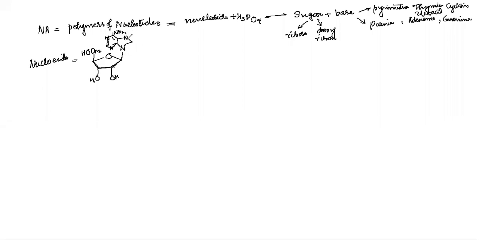And there is a double bond here, and it is attached to nitrogen. Now see here, this base is adenine, and this is ribose sugar. So we call this adenosine. So adenine plus ribose is known as adenosine.